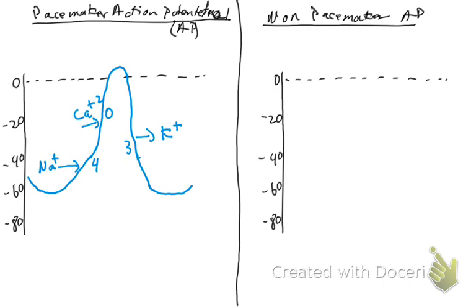But what about the non-pacemaker action potential? It's going to start below negative 80. Start like this. Then you go straight, super straight, until you reach above 0.